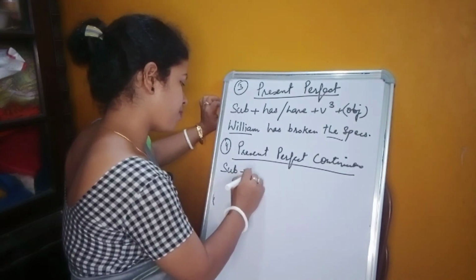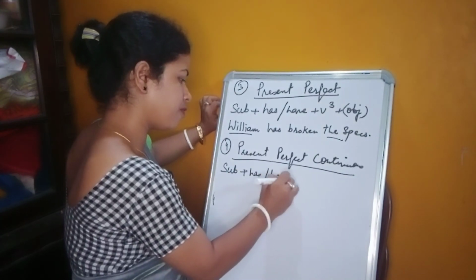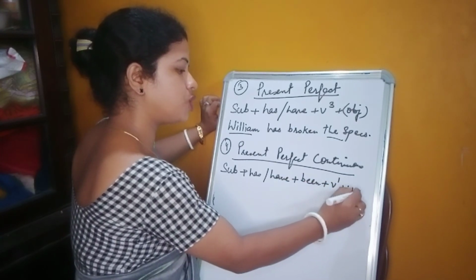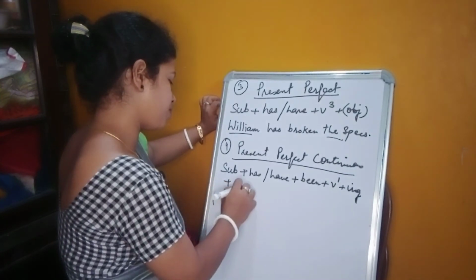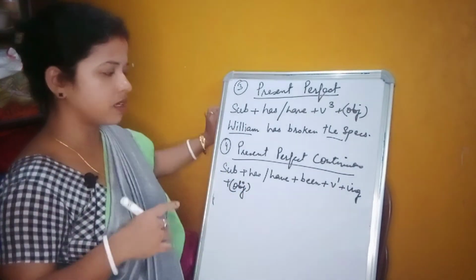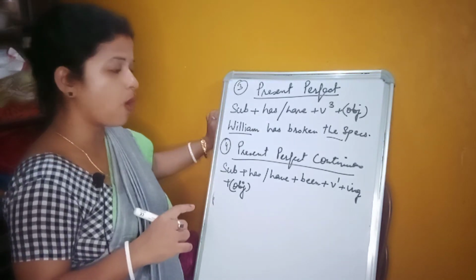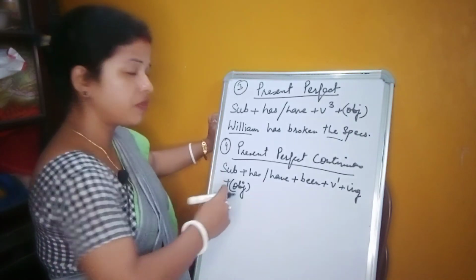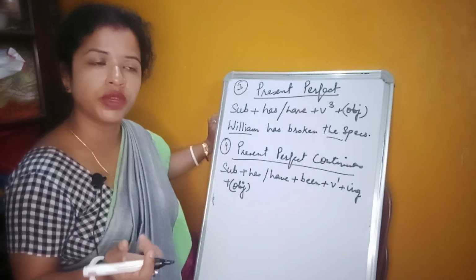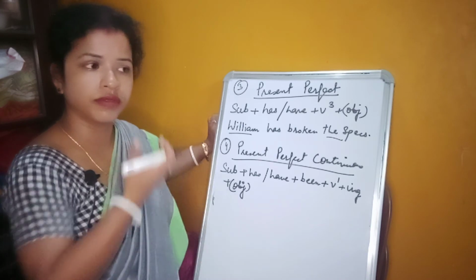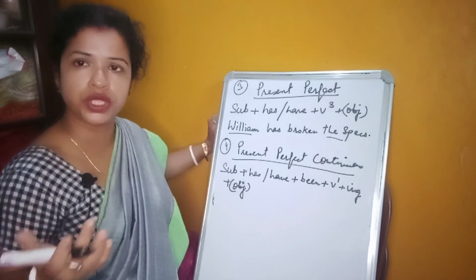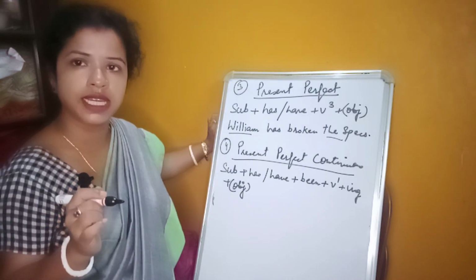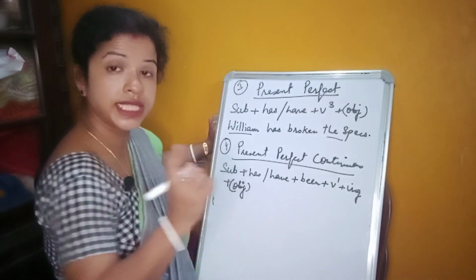Subject plus has or have plus been plus verb 1 plus ing plus object. In this form of the present tense, try to use since and for. When something starts from a long period ago and the process still continues, we use the two words since and for.